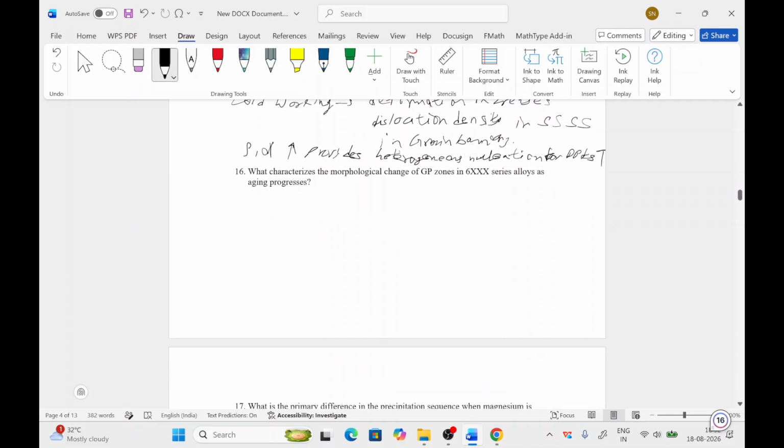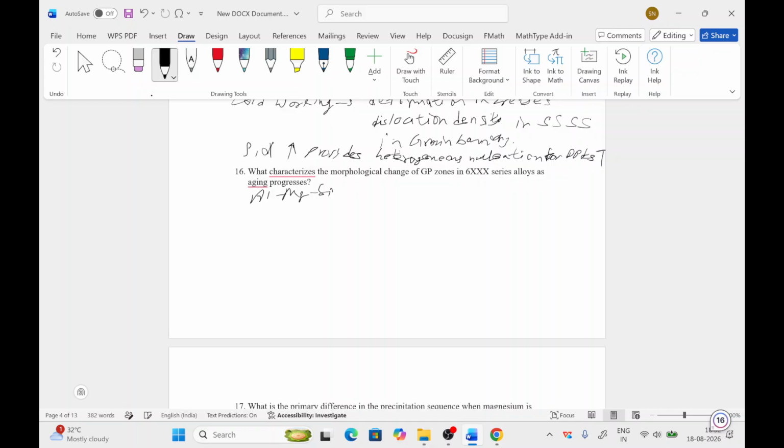Next question is, what characterizes the morphology change of GP zones in 6000 series alloy as aging progresses? The 6000 series alloy is aluminum, magnesium, silicon.